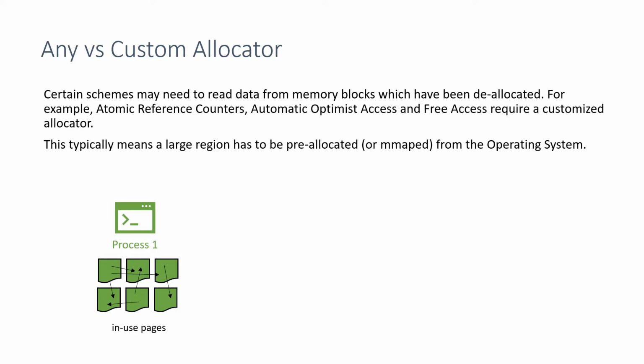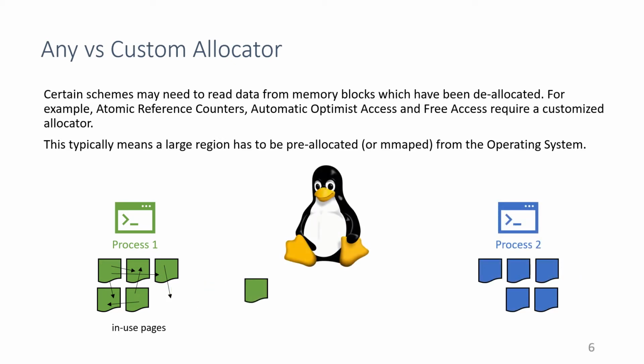Another difference between memory reclamation schemes is the allocator it uses. For example, free access uses a custom allocator. This allocator pre-allocates a large chunk of memory where the lock-free algorithm runs. This is necessary because free access allows threads to read memory locations that were previously deallocated.